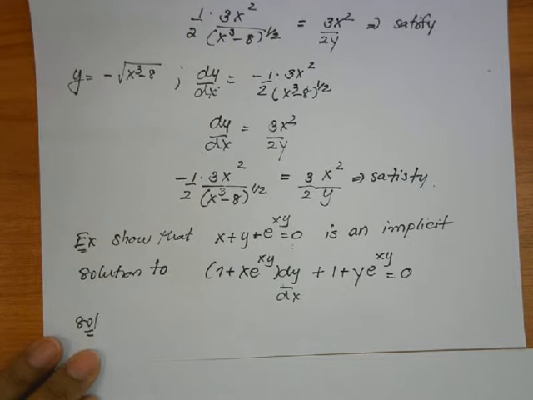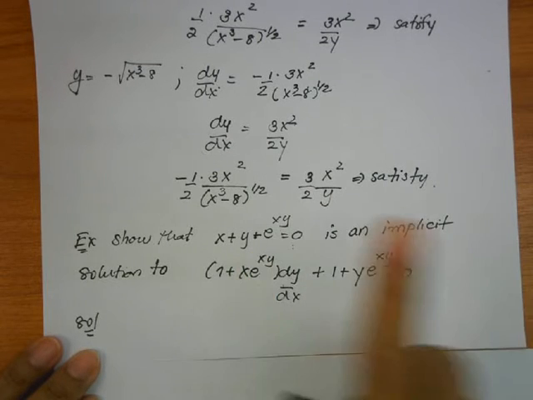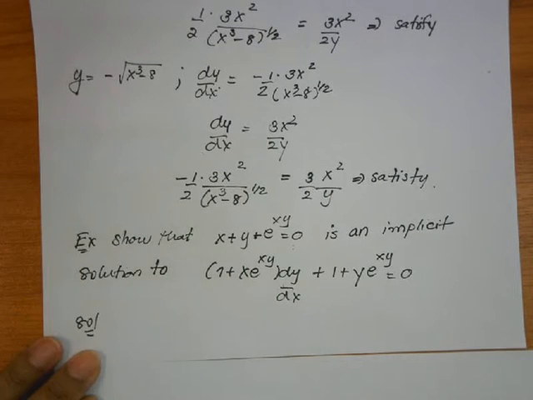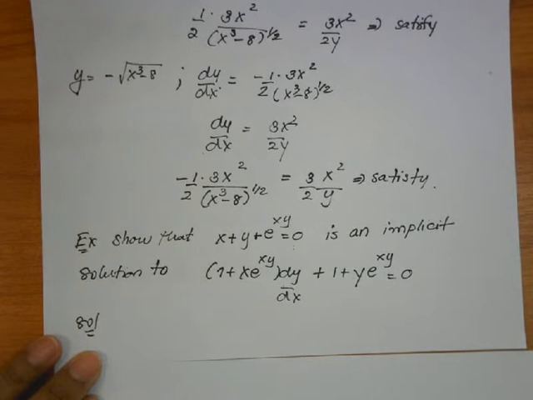And it has only one solution. In the previous example, because of the square root of y, you've got two solutions. But with this one, you have only one solution, and you can't write down your solution in terms of x only. This solution is always a function of x and y. This one is called an implicit solution.